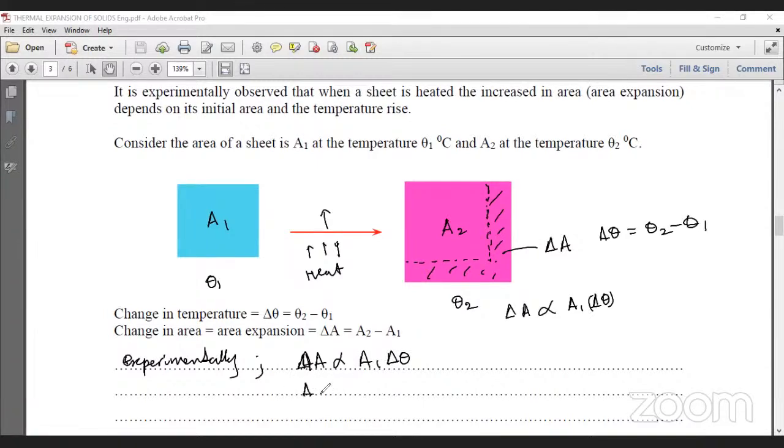So we introduce another proportionality constant, beta, so that delta A equals beta A1 delta theta. This beta we define as the coefficient of area expansion.